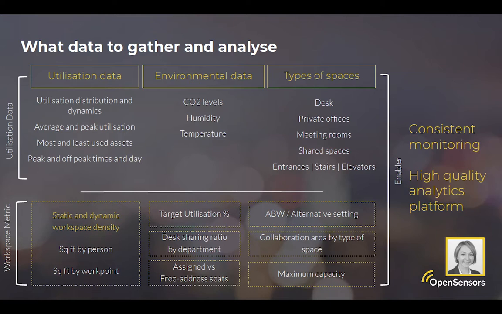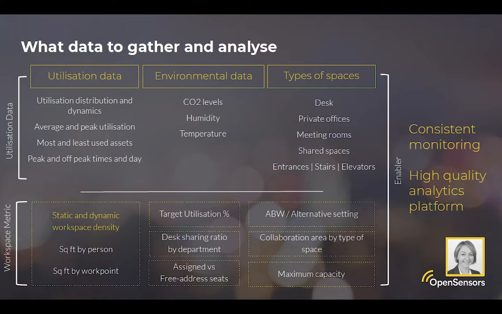The number of enclosed, shared or private offices, in case you still have some in your office. Not everyone has these days. Alternative work settings, designs for activity-based working, which are also informed by the utilization data, and of course meeting room numbers and meeting room sizes.